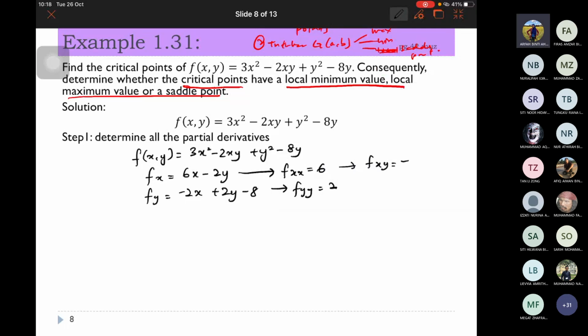Okay. fxy sama dengan negatif 2. fyx, bezakan y terhadap x dapat negatif 2. So kita dah determine all the partial derivatives. Boleh salin dulu, nak salin.